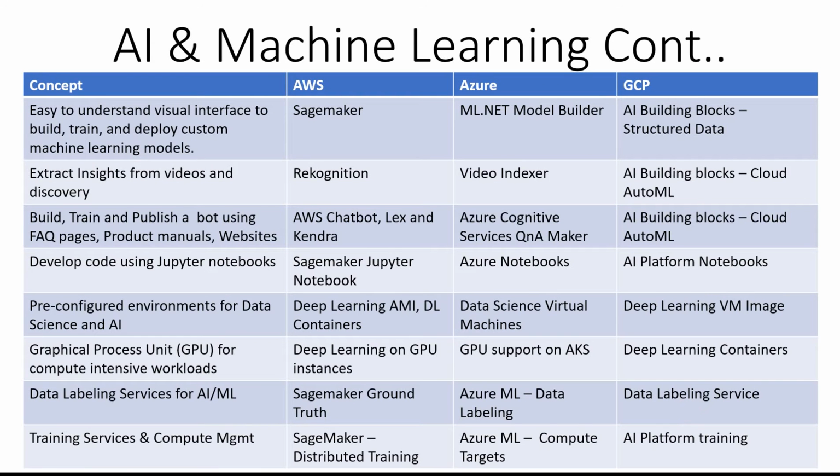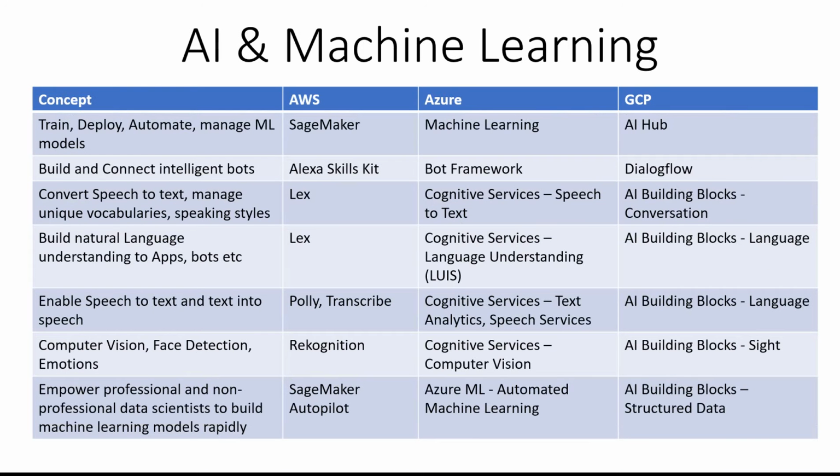And in this category, there is a visual interface, easy to understand, from which you try to build custom machine learning models. Most of the earlier ones are auto building a model with auto configurations, but they may not suit all use cases.